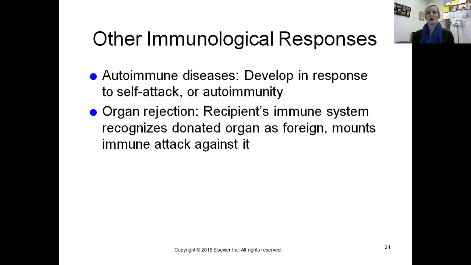Somebody who has some type of organ transplant, who receives an organ from another individual, such as a kidney or a liver transplant, will typically have to be on some type of immunosuppressant for the rest of their lives in order to hold back that type of response, to say, hey, this is okay, please don't reject this organ. As that helps with that process. So that's another type of response, is again, our body typically wants to fight off something that isn't normally there.